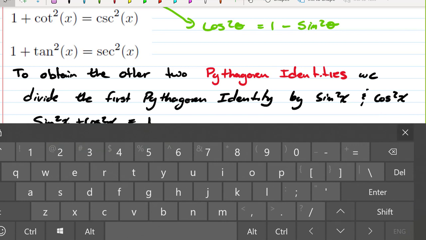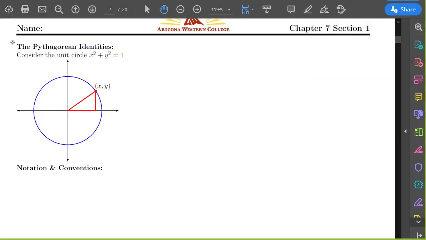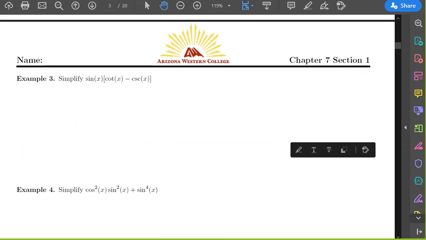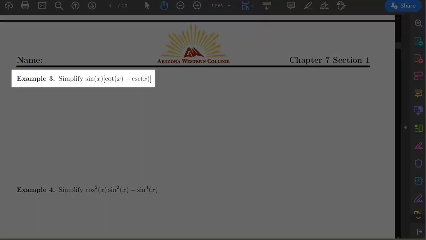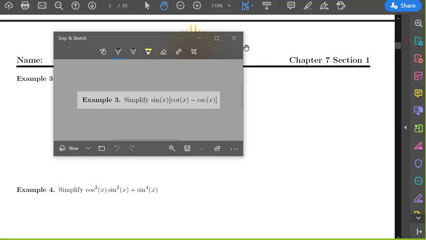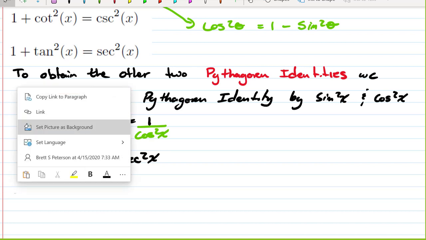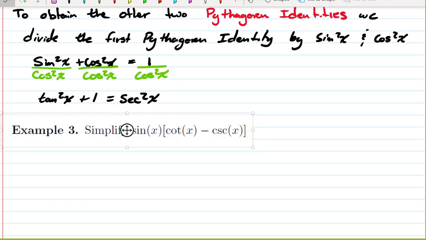All right, so let's go ahead and work a couple of examples. So example number 3, we wish to simplify this expression.